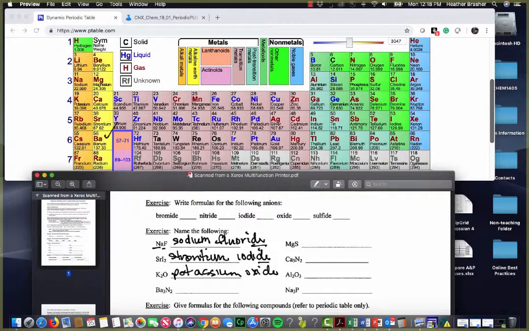Ba is barium, N is nitrogen, so it's going to be barium nitride. Again, notice the "ide"s at the end.